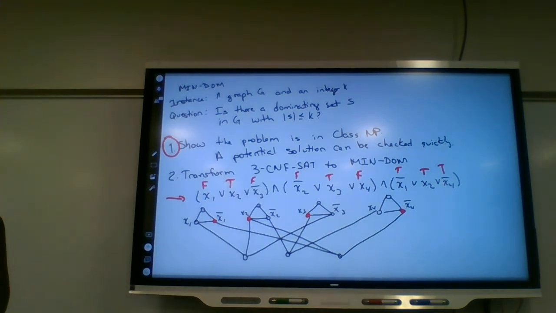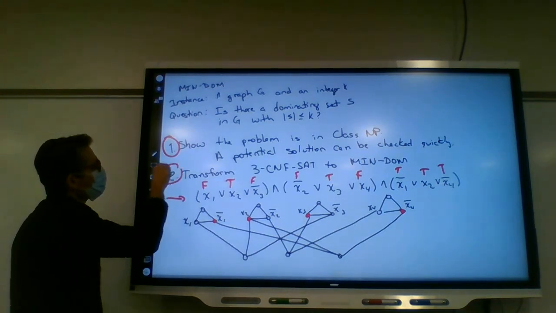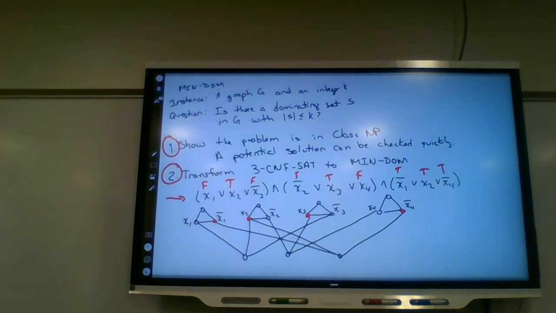We show how to check an answer. And then once we've shown how to check an answer, we take one of our known hard problems and transform our known hard problem into that new problem. So our new problem then is at least as difficult as the existing one.